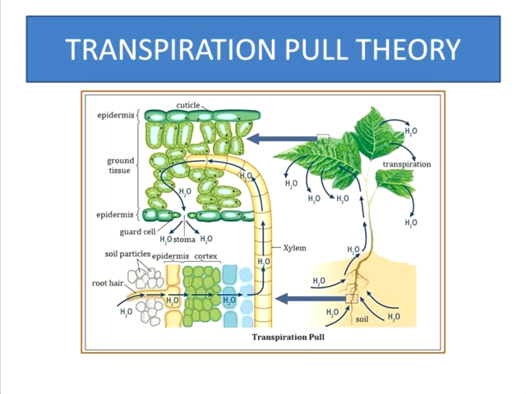That is, the cell sap of the mesophyll cells becomes more concentrated and consequently their water potential is decreased. The water moves from cell to cell along the water potential gradient, from the higher water potential level to the lower water potential level.